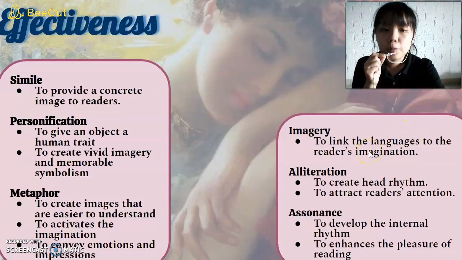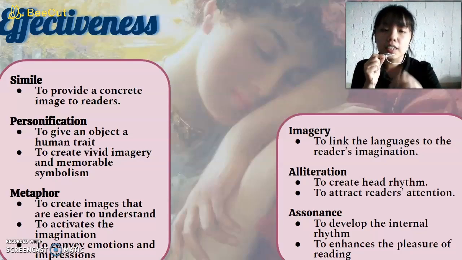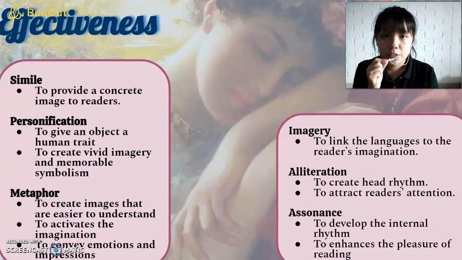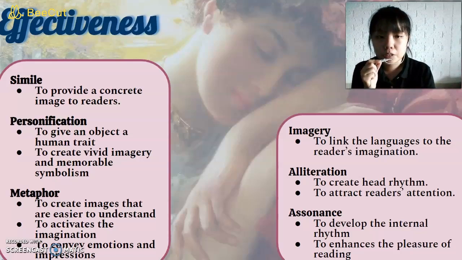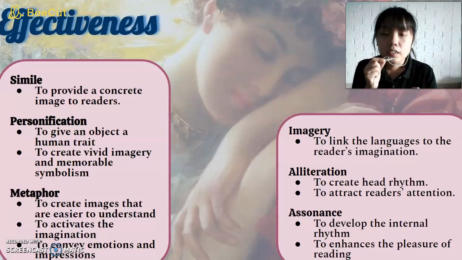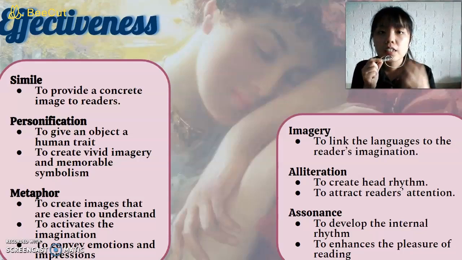Okay, the last one is alliteration and assonance. Both of these are actually to create rhythm in the poem. In comparison, alliteration is to create head rhythm, while assonance is to develop the internal rhythm.